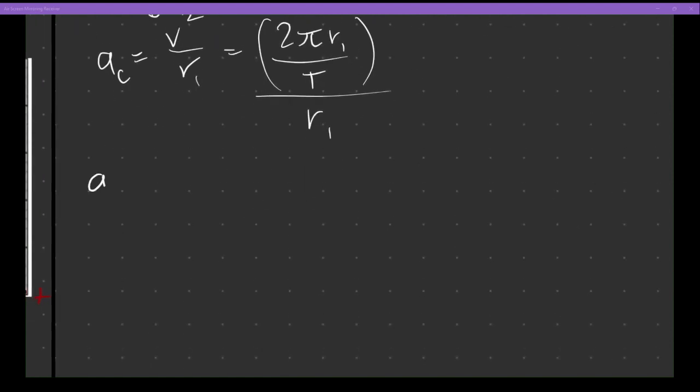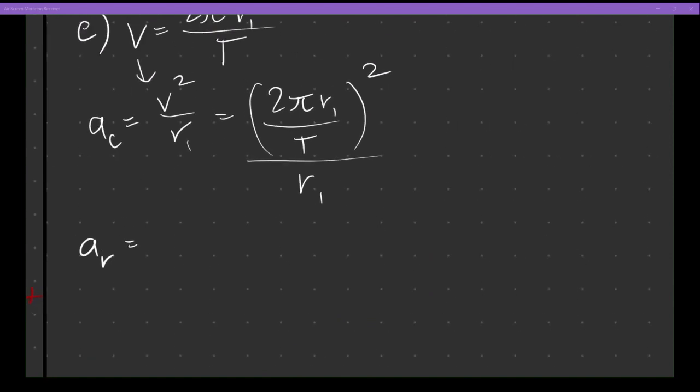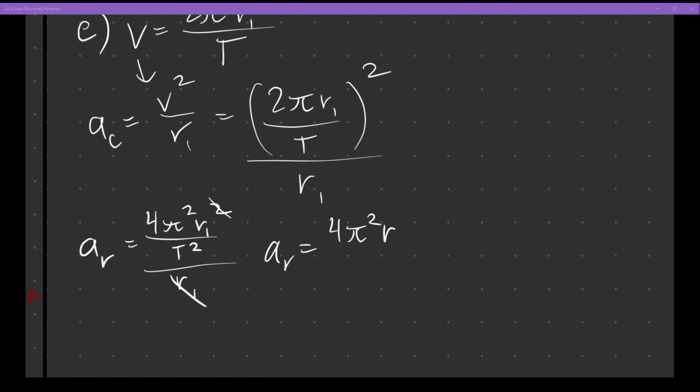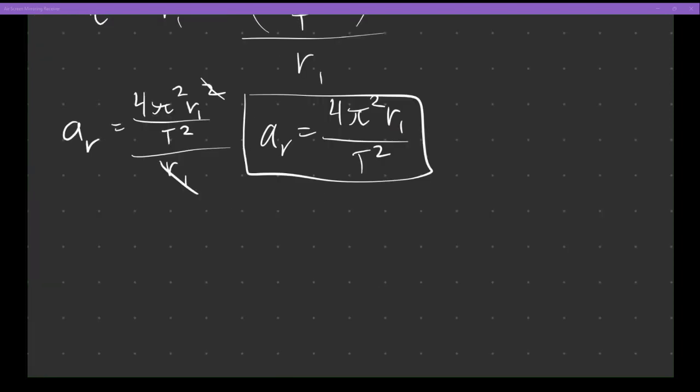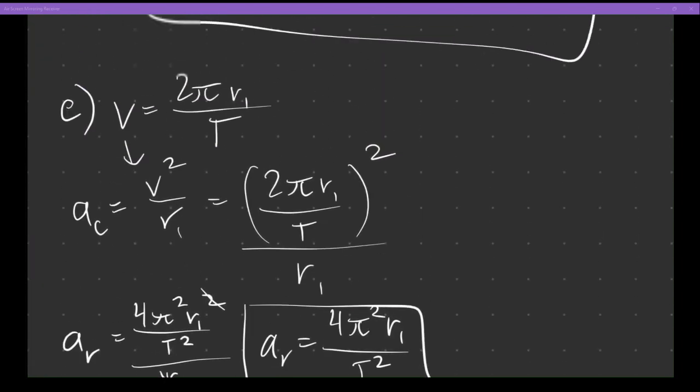So I'll just get the AC or AR. I would distribute the square, so I just get 4 pi squared r1 squared over t squared over r1. This r1 cancels out with the square, which is that AR is equal to 4 pi squared r1 over t squared.